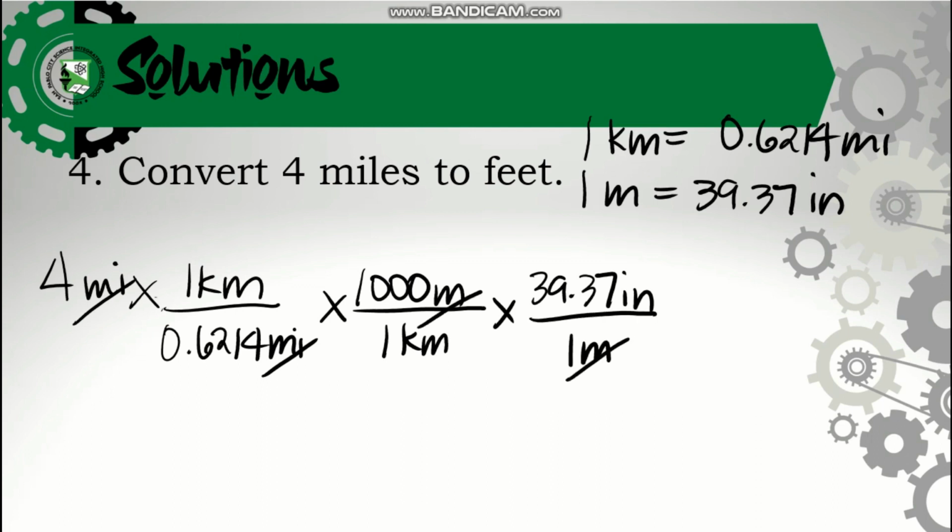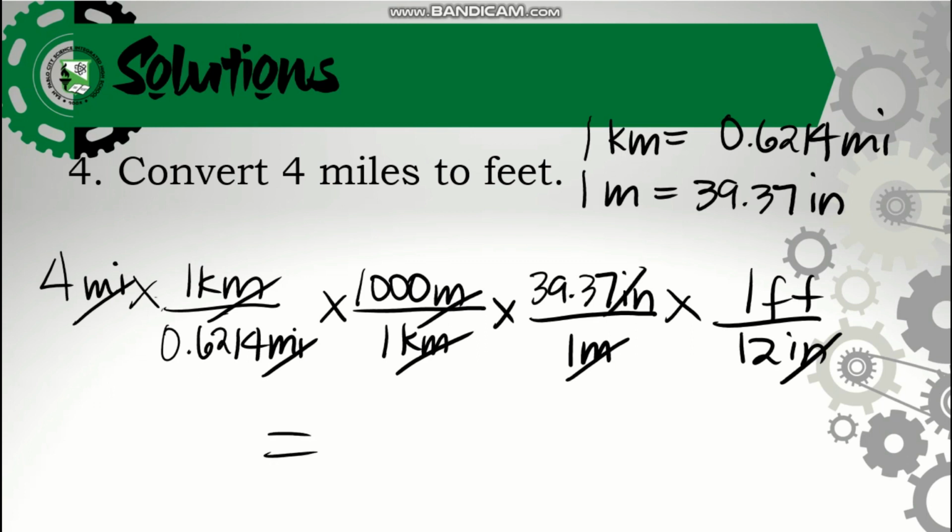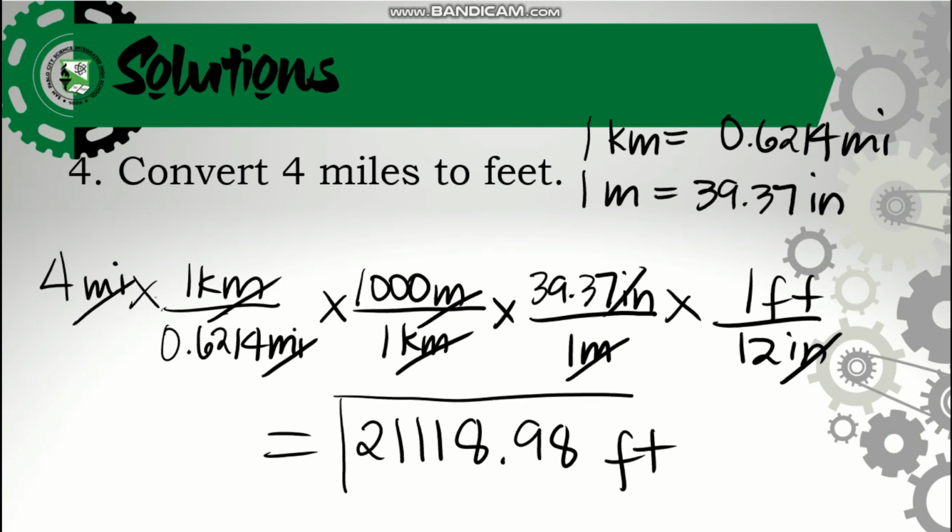So you can cancel out those units and as you can see the remaining unit is inches. But again, we are looking for feet. We're going to multiply by another conversion factor, which is 1 feet over 12 inches. So in overall, we have 21,118.98 feet. So please take note, don't forget the units.